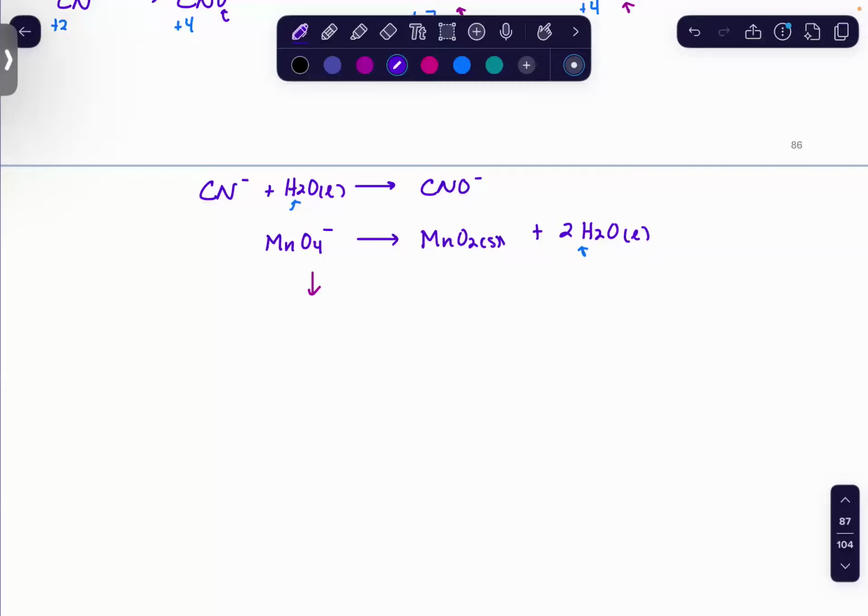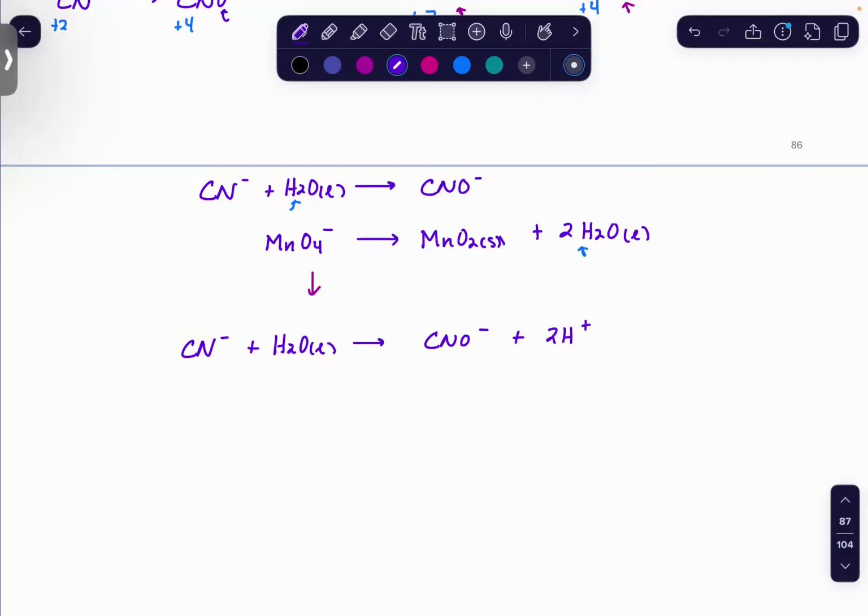Okay, so cyanide, water, cyanoxide. That's not a proper name. That's just me talking generally. Let's see, plus the two protons to balance out the hydrogens.